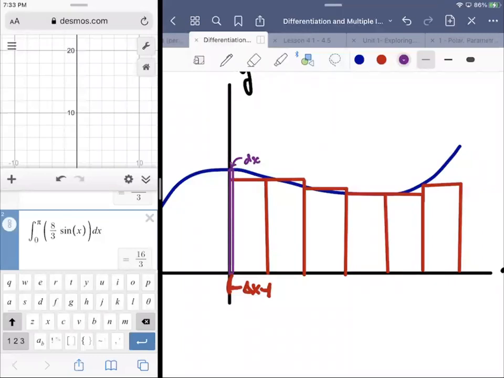If I could get them as close to zero as possible without actually being zero, then I would get as close to infinitely many rectangles squeezed into that interval as possible. And once we figured out what the area was approaching as the number of rectangles on that interval approached infinity, then we got the true area, all right?